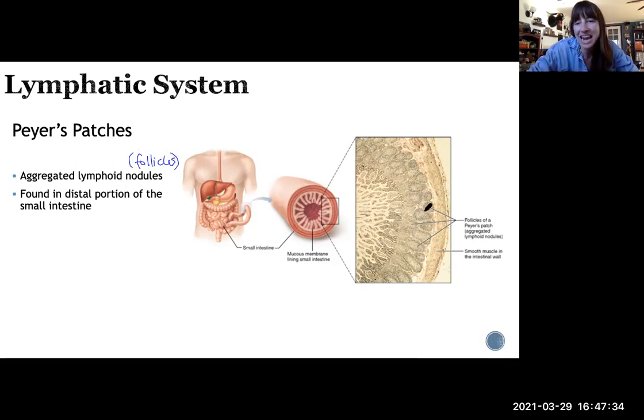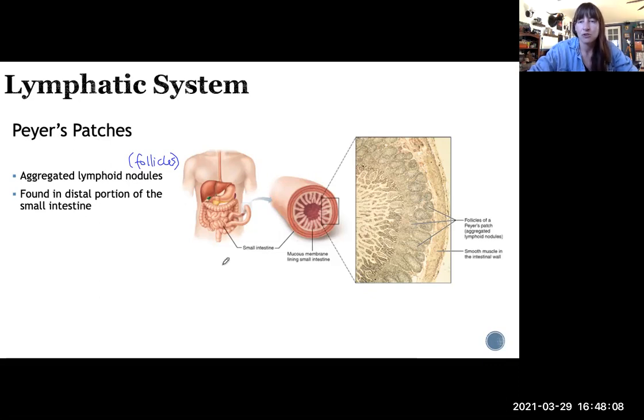These guys are hanging out here waiting for stuff to be passed from the lumen of the small intestine through the epithelium that's lining the small intestine and get past, at least past, if not directly through these Peyer's patches, where that stuff basically gets checked out for any bad pathogens, and they get taken care of, and the immune response can be initiated from the Peyer's patches.